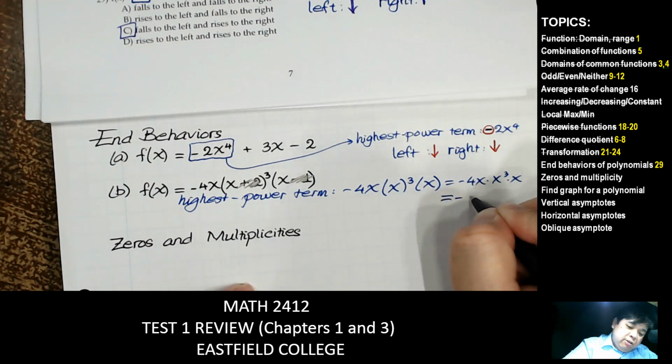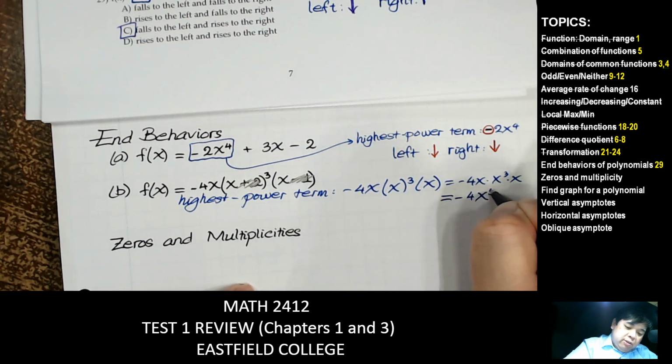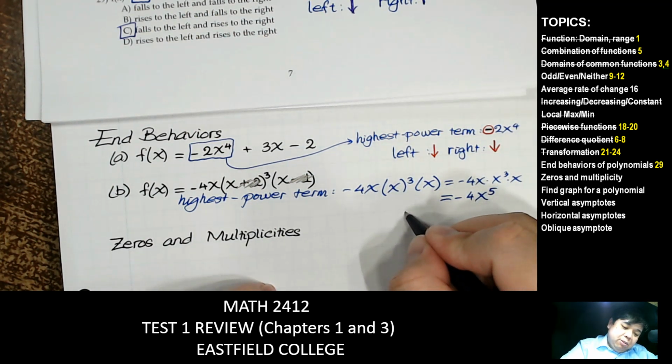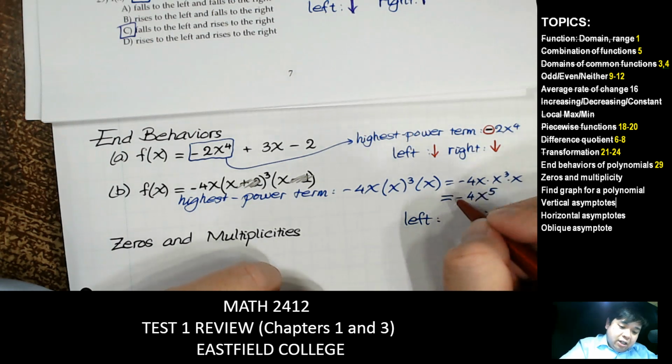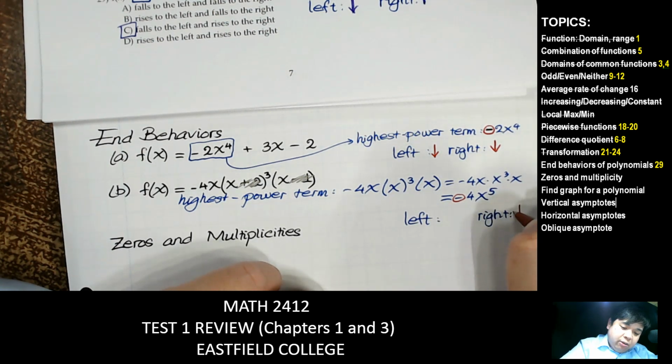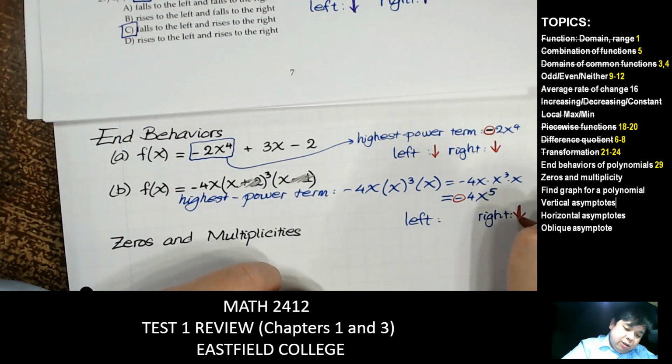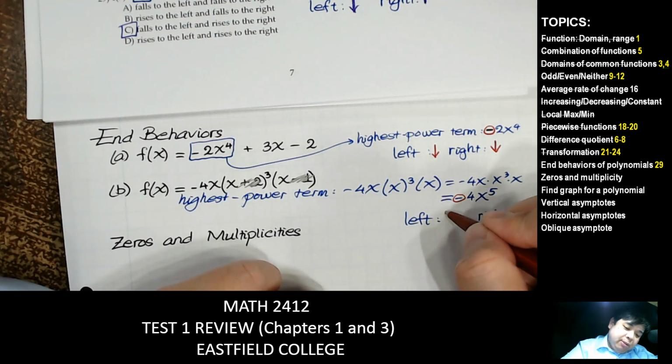So we have negative 4x to the 5th. Let's see what happened on the left and on the right. First, it is negative, so the right is down. And this is odd, meaning one up, one down. Since the right is down, the left side is up.